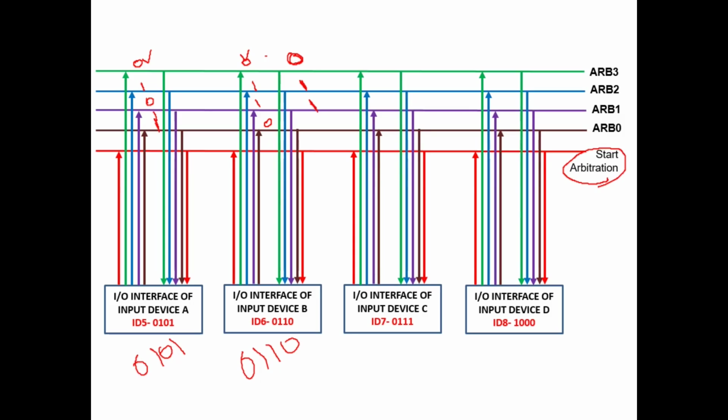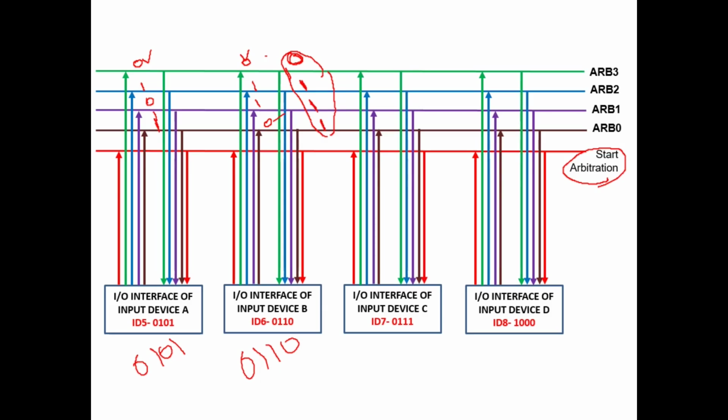We have to use the logical OR operation here. Again 1 or 0, that is also 1. So this is the final value of the arbitration line.